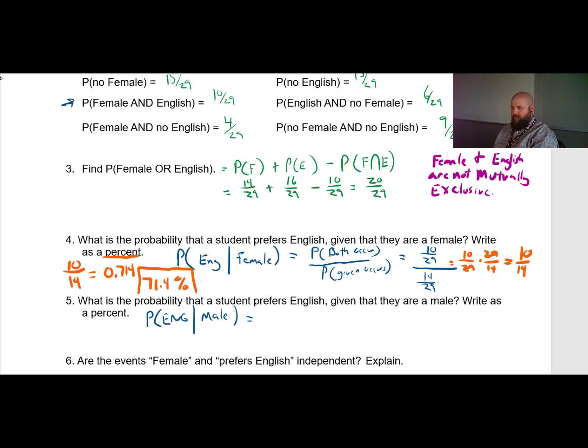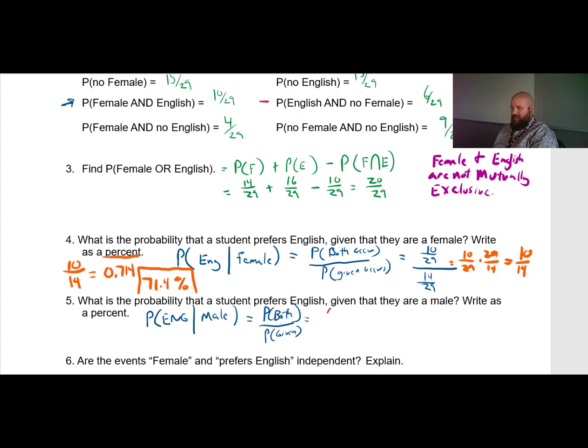So the probability of both occurring over the probability of the given. Well, being English and male. So in other words, English and not female, right? So English and not female.